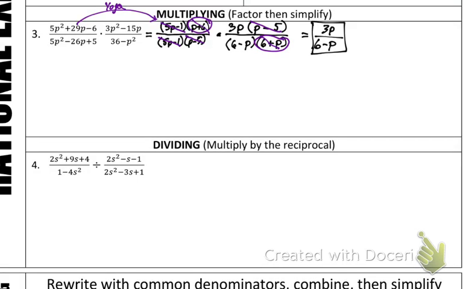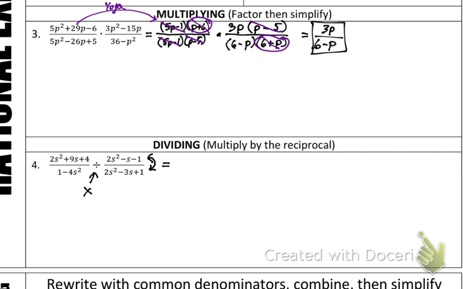All right, dividing. I'm not going to do the full dividing because you get what I'm doing here, right? Instead of dividing, I'm going to do keep, change, flip. So I'm going to change this division sign to a multiplication sign, and then I'm going to flip these.